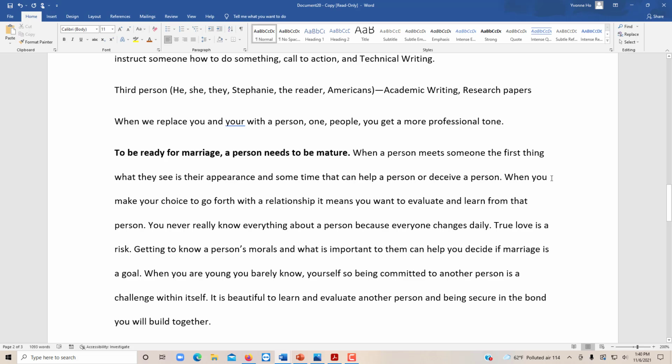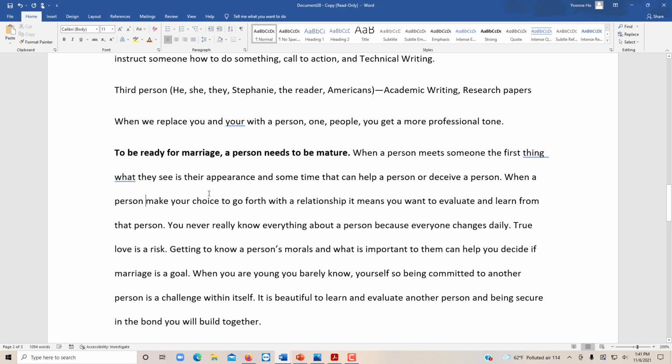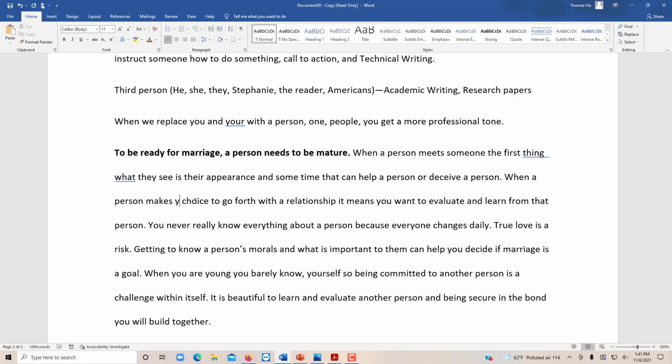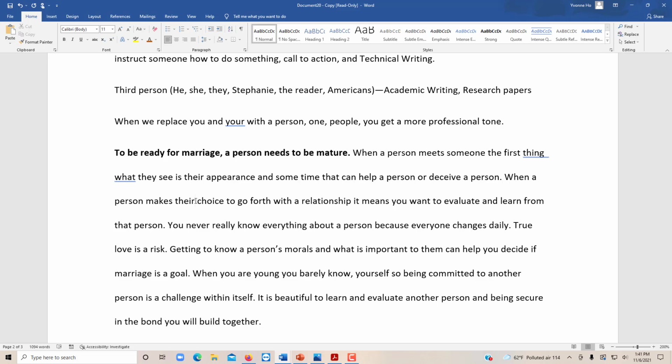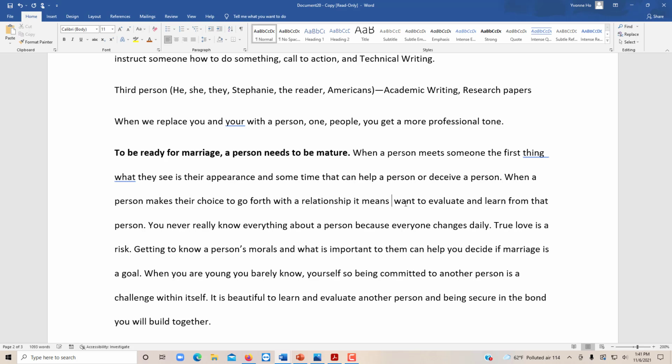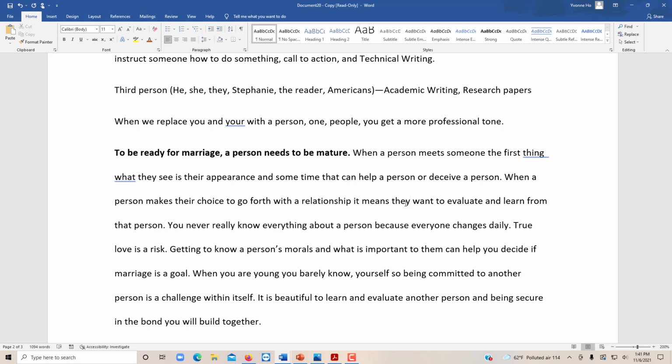Okay, when a person makes their choice to go forth with a relationship, it means they want to evaluate and learn from that person.